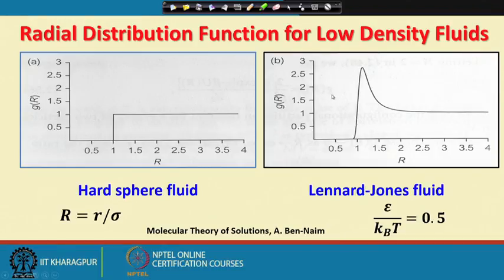Now, in the case of a Lennard-Jones fluid, the presence of the attractive component gives rise to a peak. Because of the short range attraction present in the Lennard-Jones fluid, in the range where the interparticle separation is of the order of 1 to 1.5 sigma, where sigma is the hard sphere diameter, the particles will be held close together, and therefore there will be a high positional correlation as given by this peak in G of r.